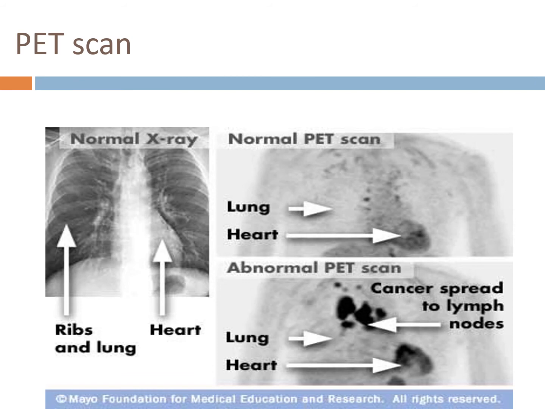They need to remain supine and quiet for about an hour, and then the metabolically active tissue takes up the sugar water and it appears black on the film, and they refer to those as hot spots. So they don't want your metabolism to be increased, because they want the hot spots, the cancer cells, to take up that sugar water and show up on the scan. Apparently it's not helpful to diagnose brain metastasis because the brain is too active. I found that interesting. So PET scans are generally used to diagnose cancer.